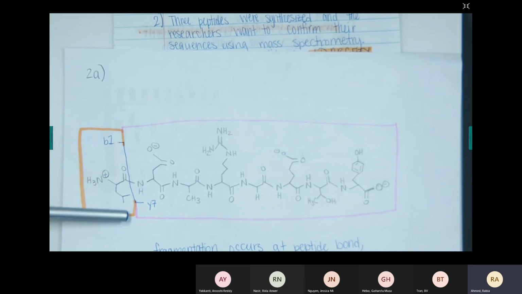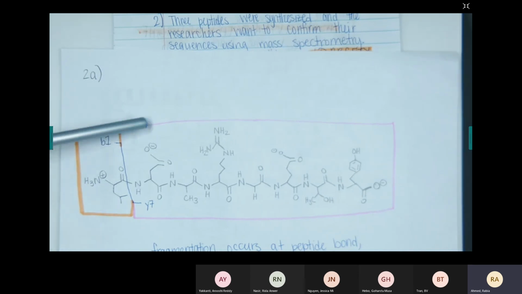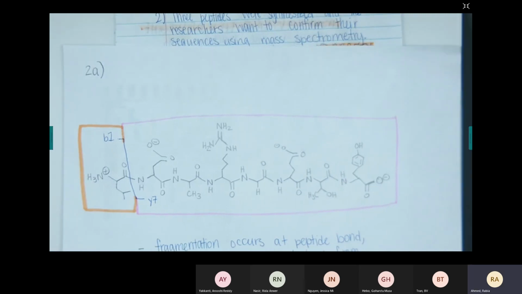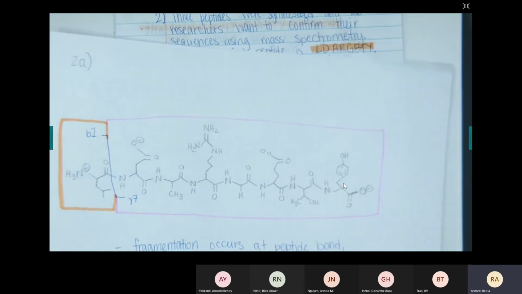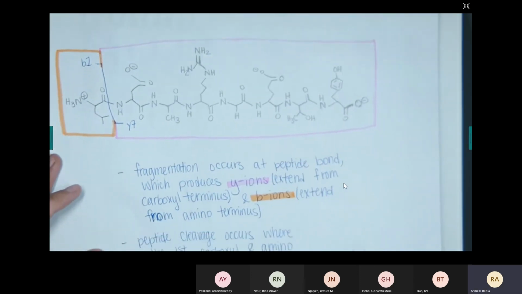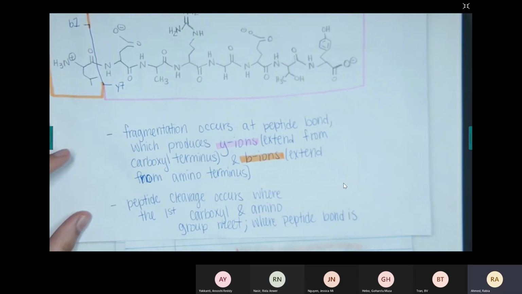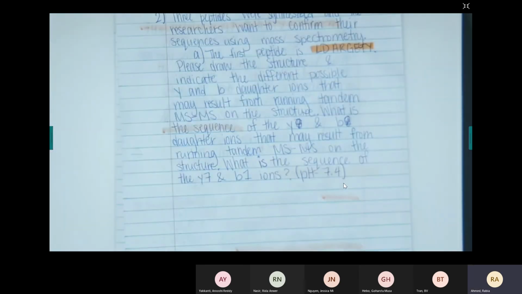I highlighted this because this is the first B1 group, and this is the Y7 group. Does that make sense to everyone? Any questions before I move on? Okay, I'm going to move on then. I made a little note here, so you can see. Okay, I'm going to move on to question 2B.